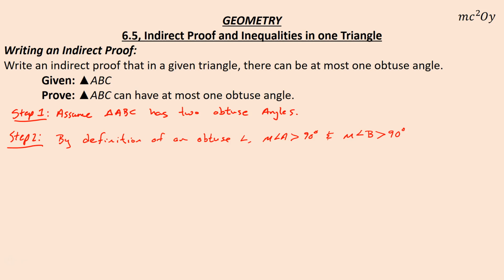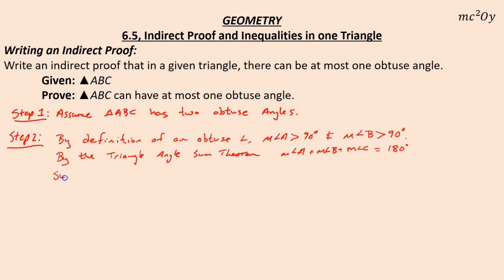I just chose A and B. And we know that by the triangle angle sum theorem, the measure of angle A plus the measure of angle B plus the measure of angle C of any triangle would have to equal 180 degrees.